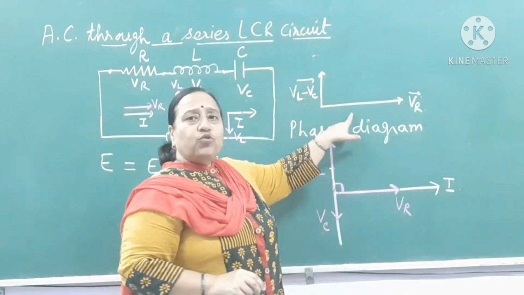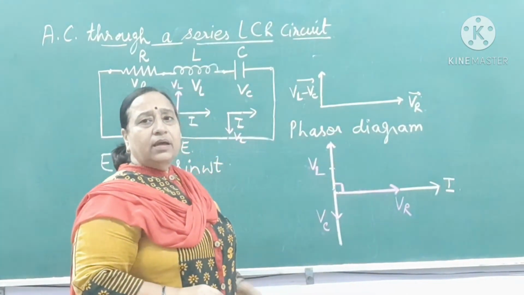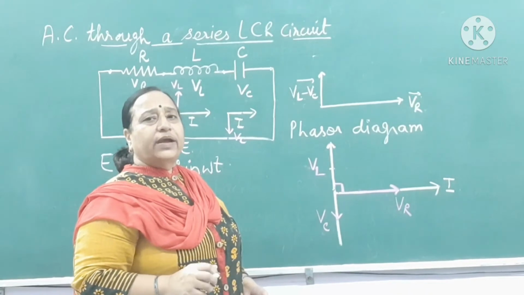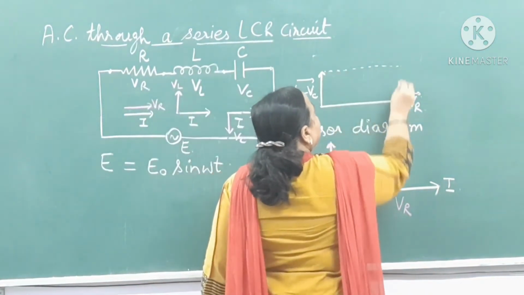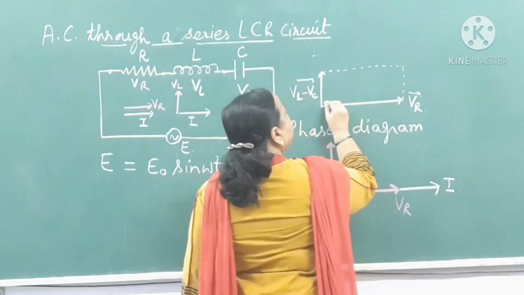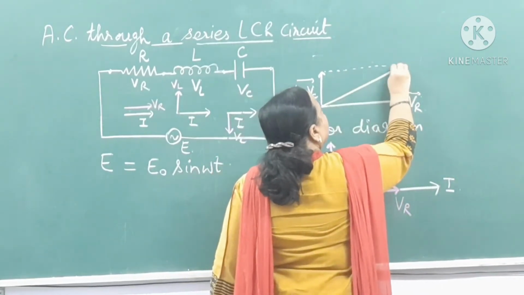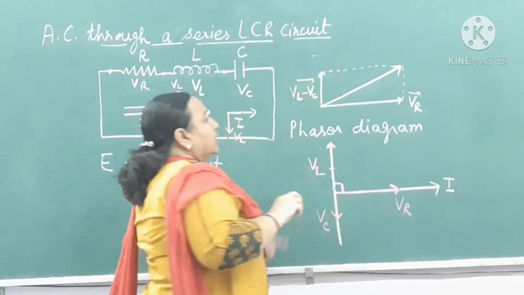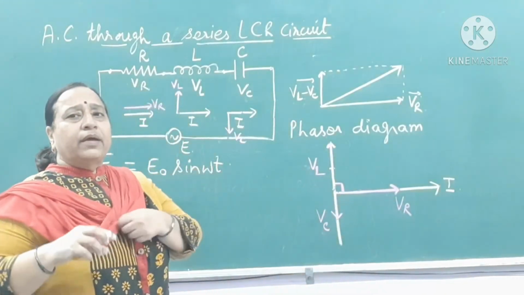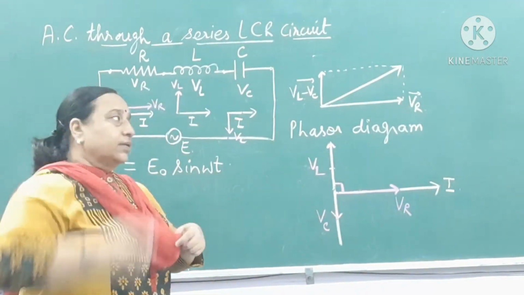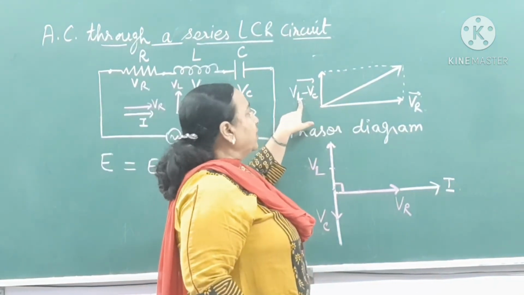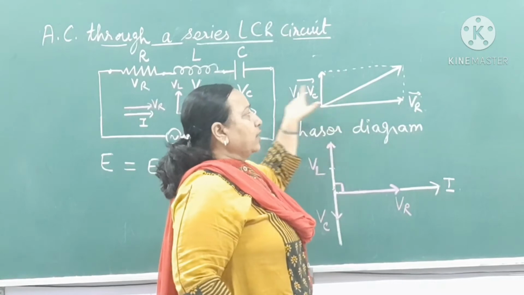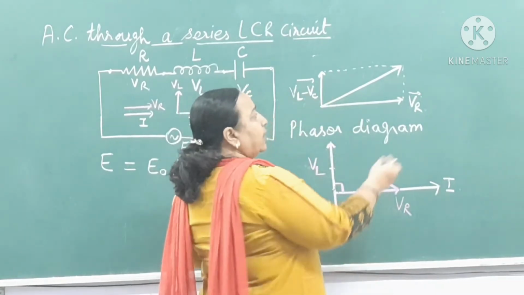So adding these two vectors we can apply the parallelogram law of vector addition. Completing the parallelogram and drawing a diagonal, the diagonal of this parallelogram gives the resultant of these two vectors. So the resultant vector, what is it?